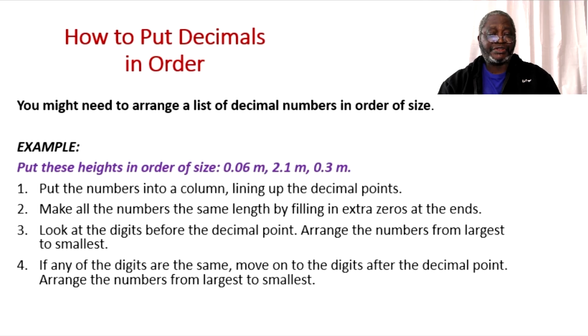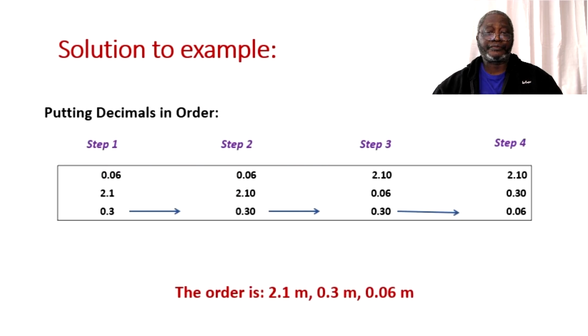If any of the digits are the same, move on to the digits after the decimal points. Arrange the numbers from largest to smallest. Look at this example. Now there are 3 rows of figures, and then you have 4 steps in all.